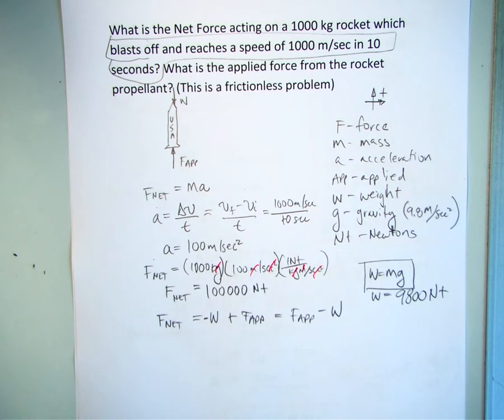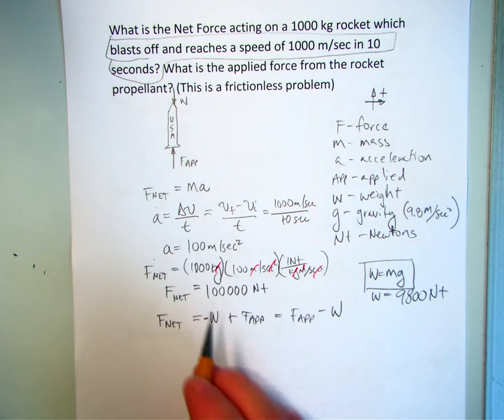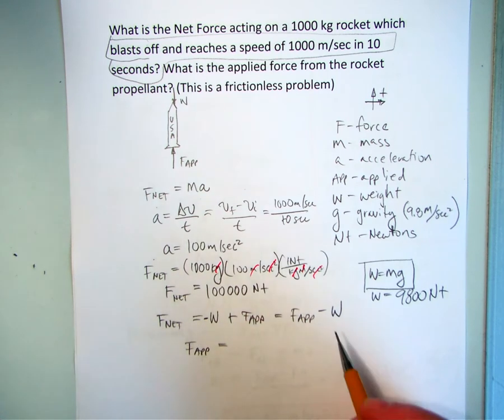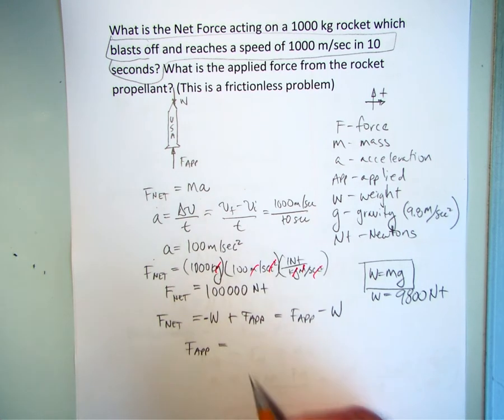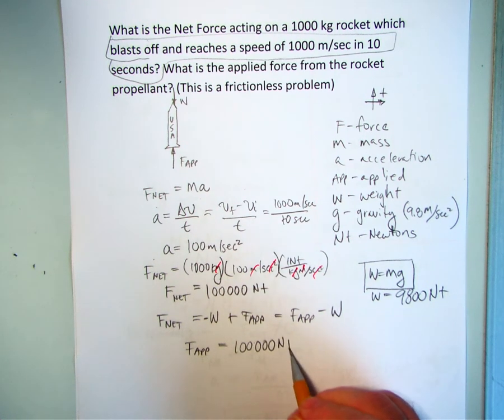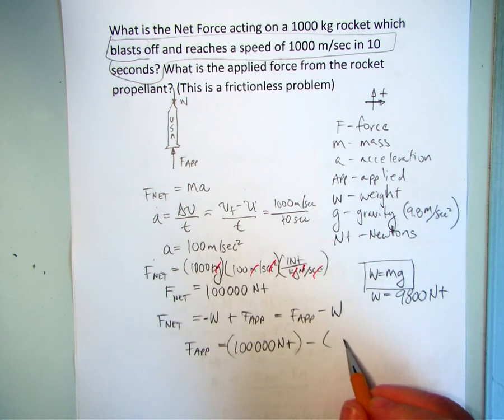Okay, so rearrange and solve. The applied force is equal to 100,000 newtons minus, to be clear, 9,000. Oh, sorry.